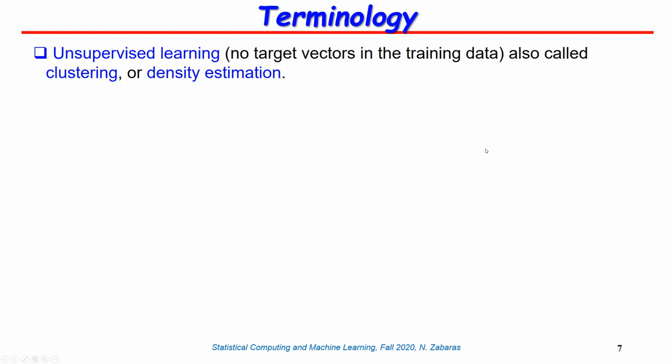Now, there is a whole other subject area of machine learning that goes with the name unsupervised learning. So here I give you the training vectors x1 to xn, and I ask you to sort of cluster them, figure out, from what classes maybe this data came. Maybe you have to do what's called a density estimation.